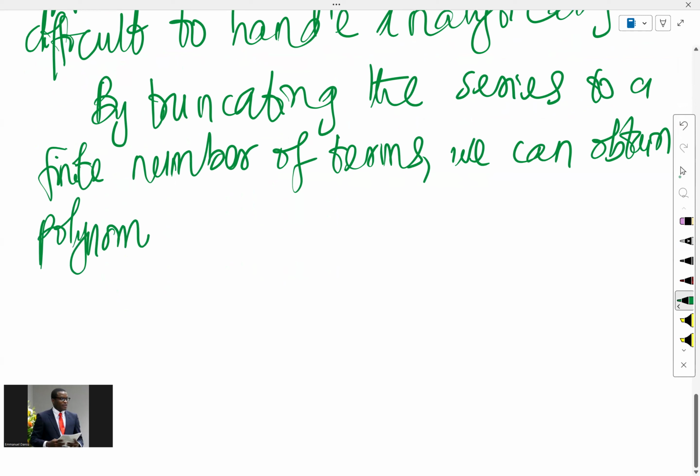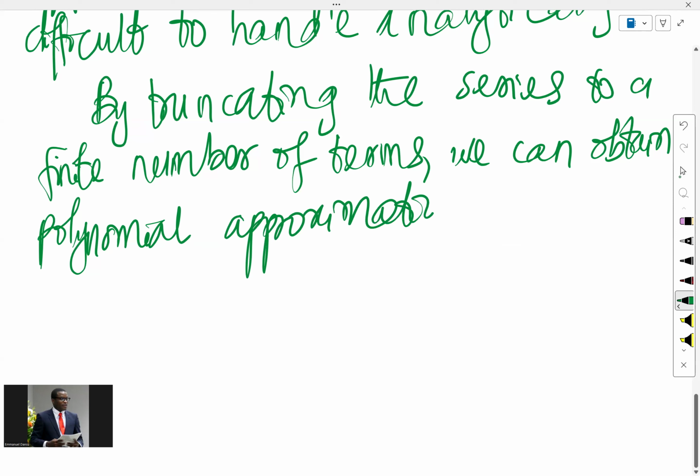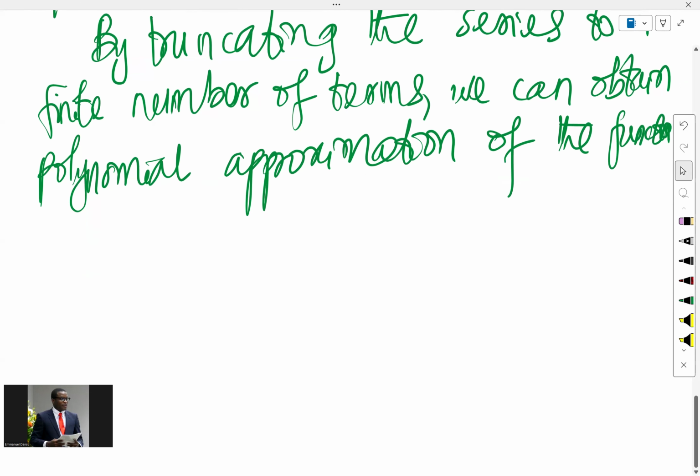Using power series, you can change transcendental functions that are naturally not polynomials, like hyperbolic, trigonometric, and logarithmic functions, into power series and truncate the terms. By doing that, we can obtain a polynomial approximation of the function.